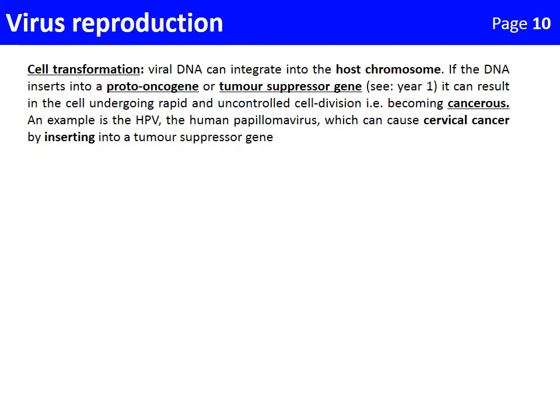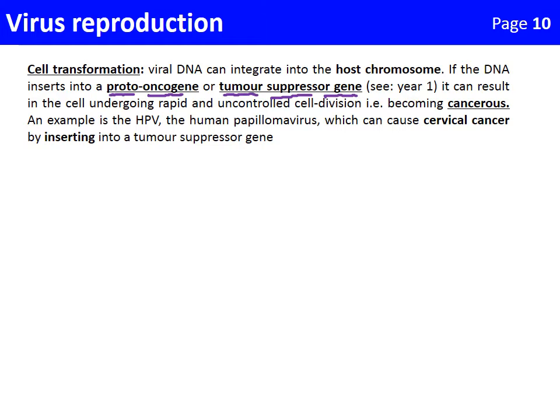So there's two main types of genes that make a healthy protein that's needed in the regulation of the cell cycle. Now these are called proto-oncogenes and tumor suppressor genes. So here we've got a proto-oncogene and a tumor suppressor gene.